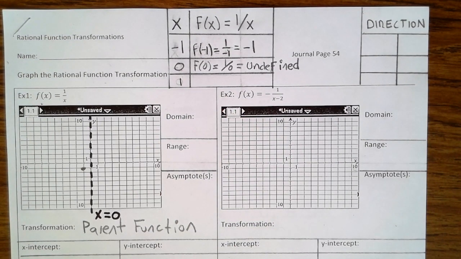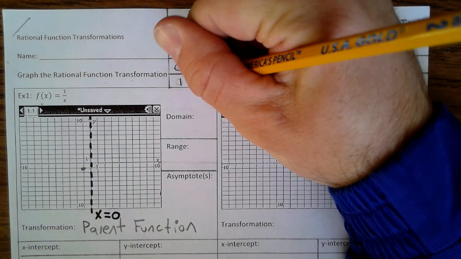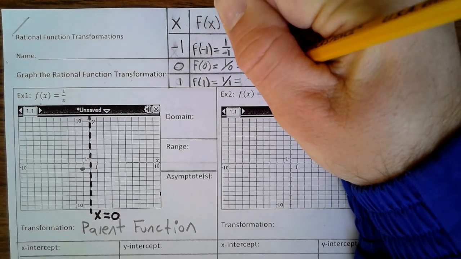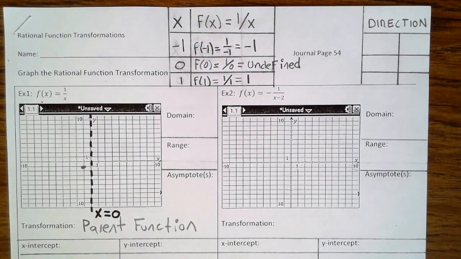Now when x is 1, that's f of 1 equals 1 divided by 1, which equals 1. So you have a point at 1, 1.